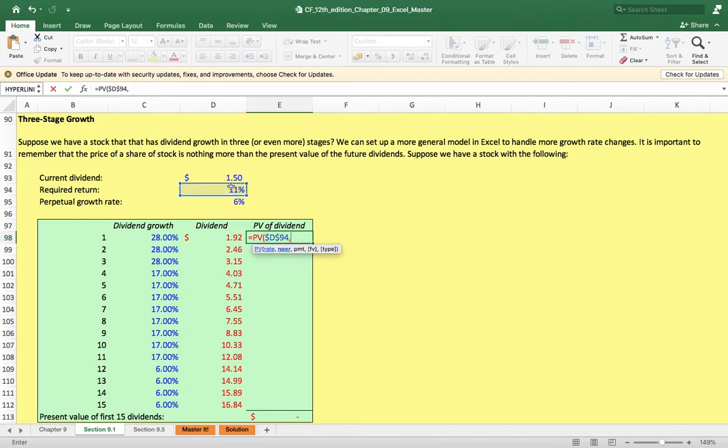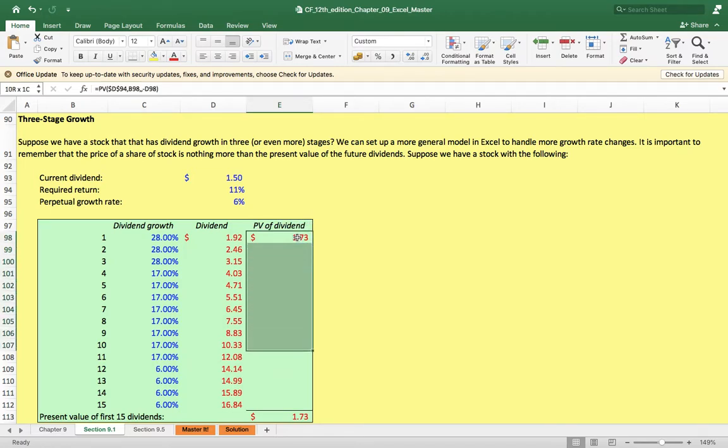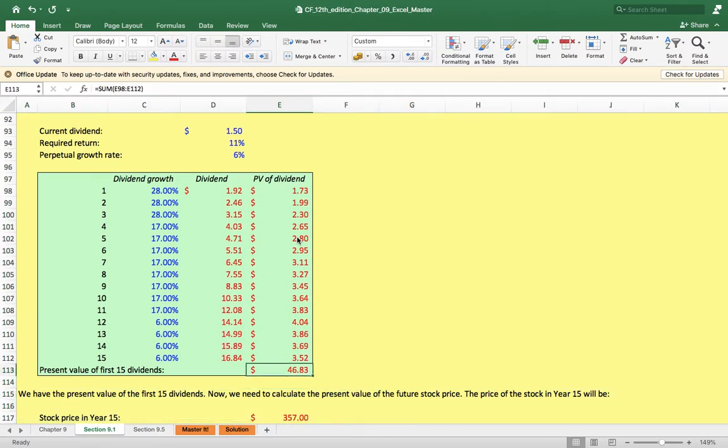Comma, number of periods, the first year you are getting the dividend 1.92, comma, PMT. There is no in-between payment, only one payment, so comma, future value will be kept as minus 1.92, the dividend you received after 1 year. Enter. Then select the cells where you want to copy the formula, Control D, and you will get the present value of the dividends. So we got the present value of 15 dividends as 46.83.